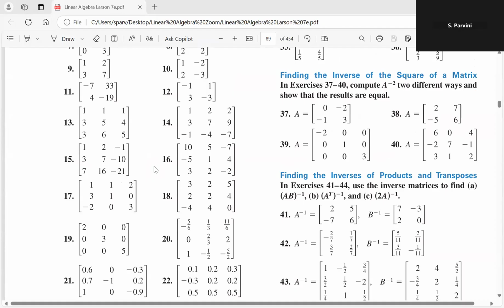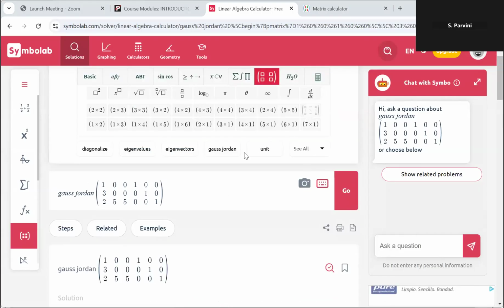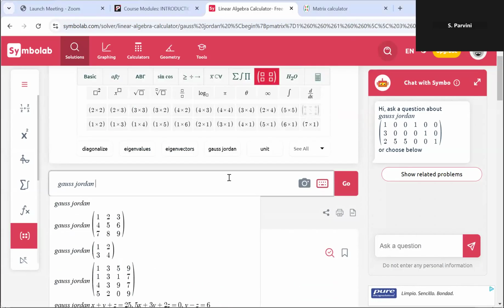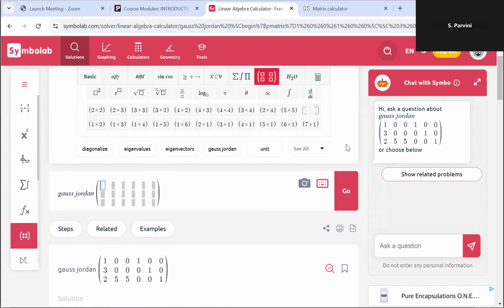Let's see if this one has an inverse. Let's go with this one now, 3 by 6. The first row of number 16 is 10, 5, -7, 1, 0, 0, and that's the first row of the identity matrix.